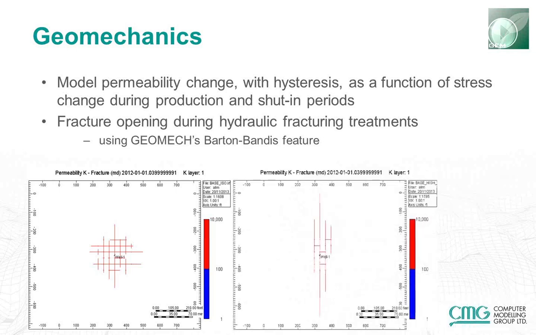If we then try another case where we adjust the stress regime, so we have a dominant stress direction in the north-south direction, we can see that as the fracture propagates with the same sort of conditions as the first case, we see the fractures propagating primarily, again, in that north-south direction. This would represent more of the planar fractures, where the initial case on the left side would represent more of a network of fractures being generated.